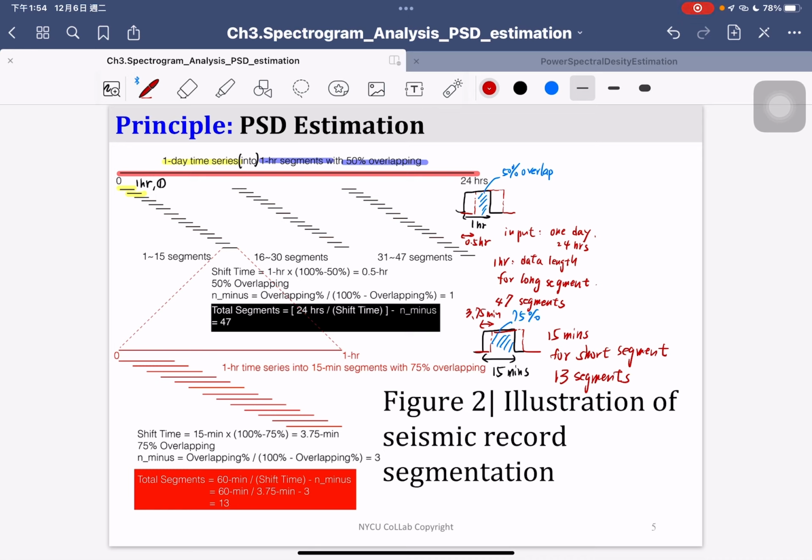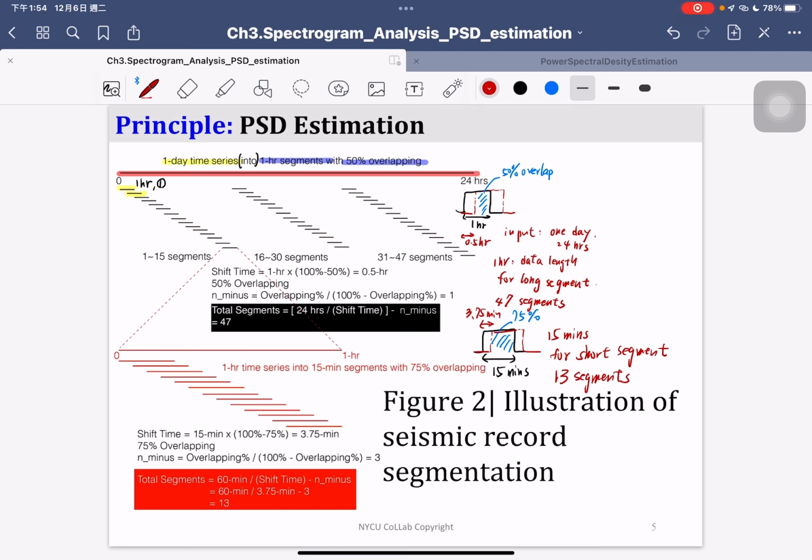So the moving step for the small window size is the 3.75 minutes. Okay? So totally, you just keep some important parameters in mind: the 47 segments for 1 hour, and the 13 segments for short time windows, where the length is 15 minutes.